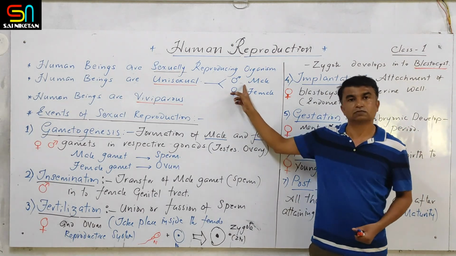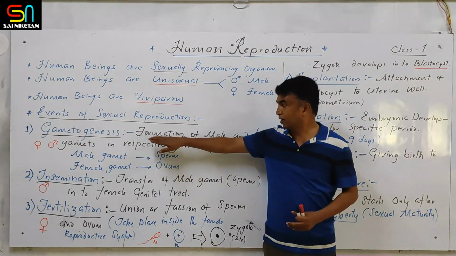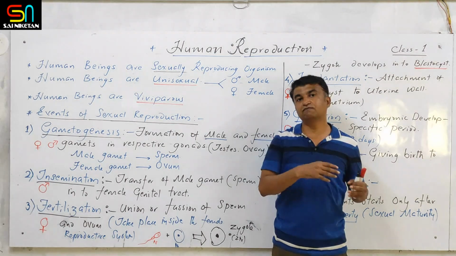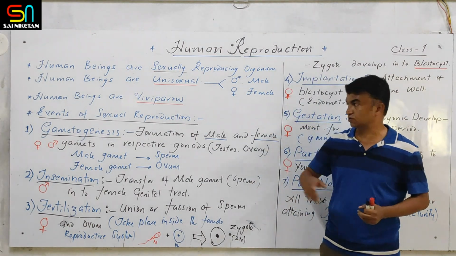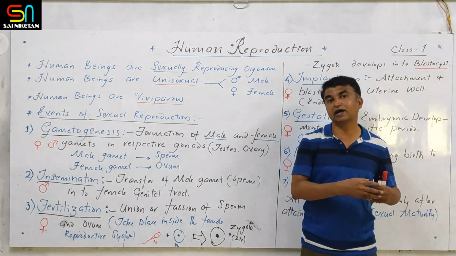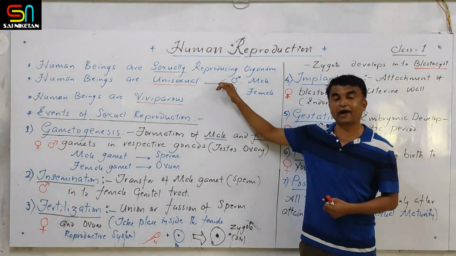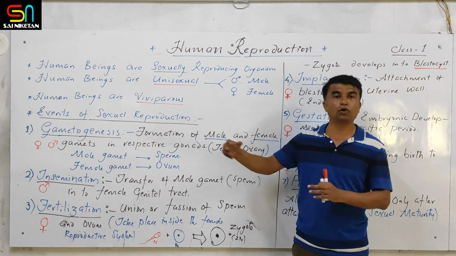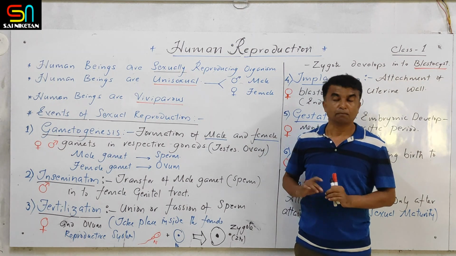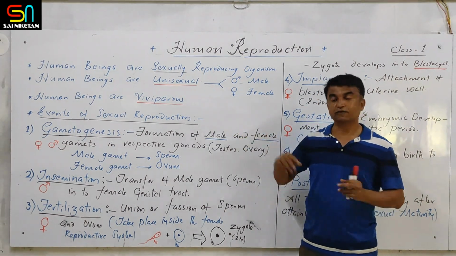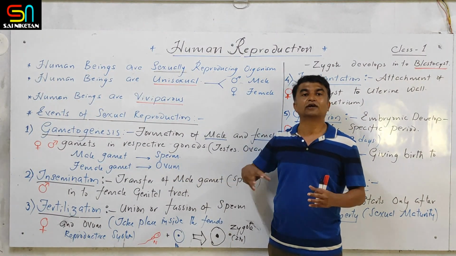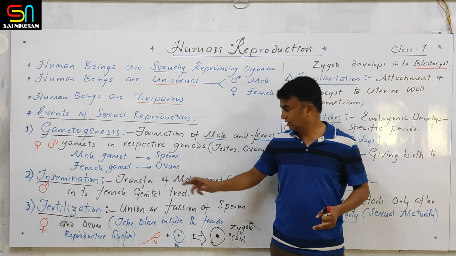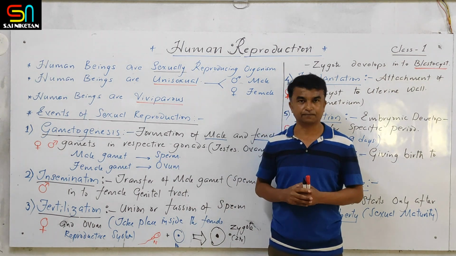In the human male, gametogenesis takes place even at old age, even after crossing 60, 70 years of age. Gametogenesis will take place as usual. They are reproductively active even at old age. But in the female, the formation of the ovum, the reproductive phase, stops at the age of 45 or 50.